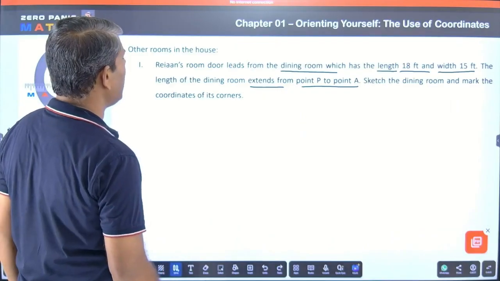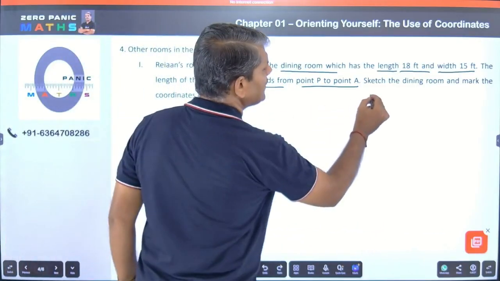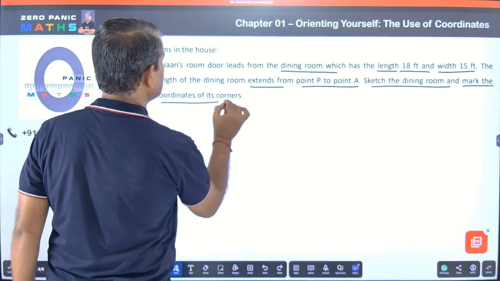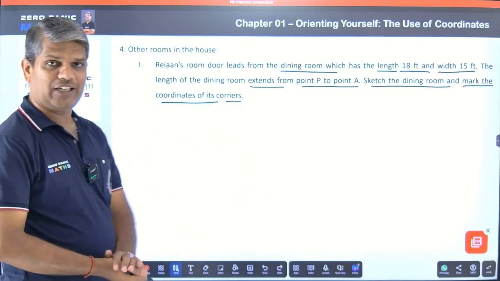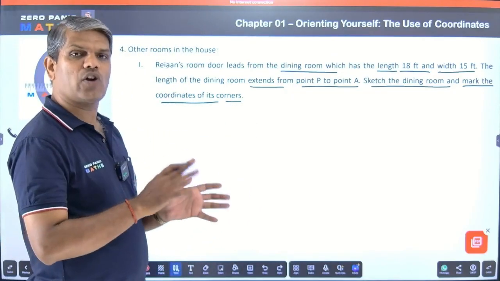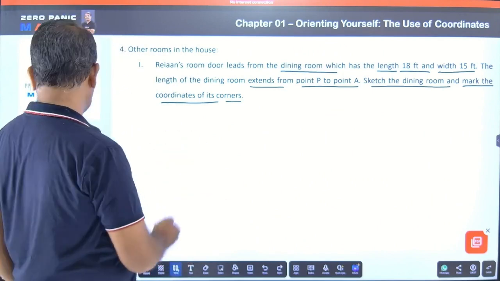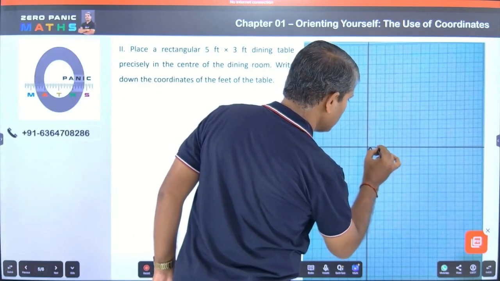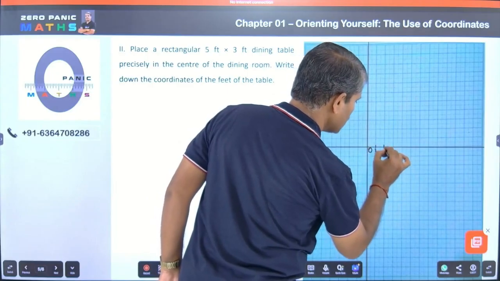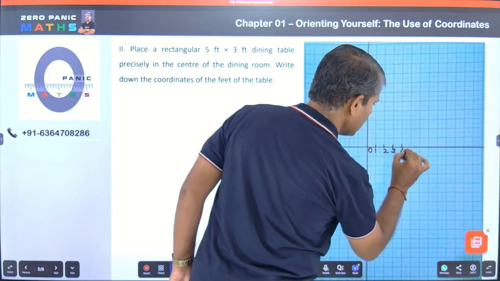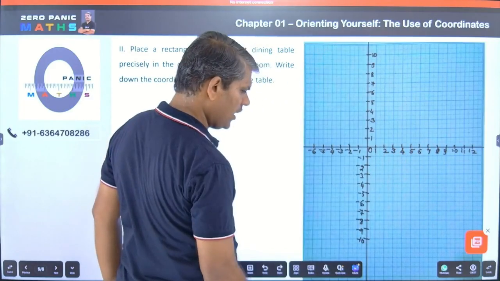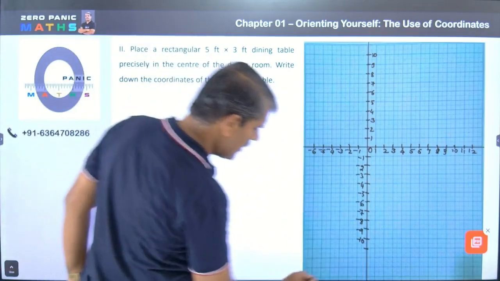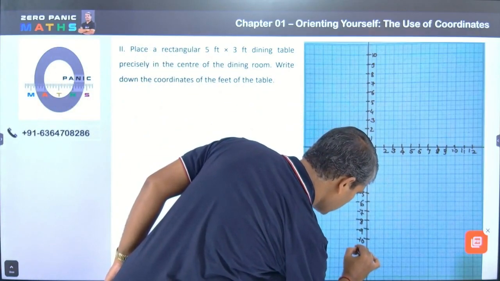Okay, so what they are saying is sketch the dining room and mark the coordinates of its corners. We have to first draw that, so we should be drawing that on a graph sheet. Let me take that graph sheet and draw this first. It is 0, 1, 2, 3, 4, 5. Let me see whether it is possible to represent that or not.